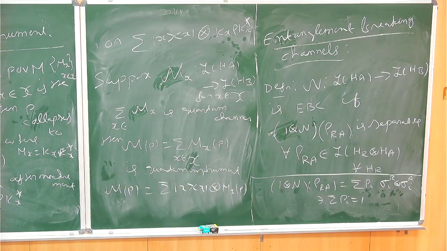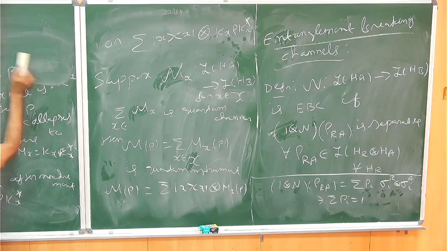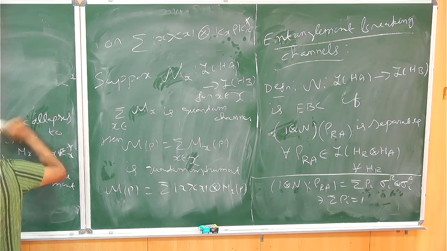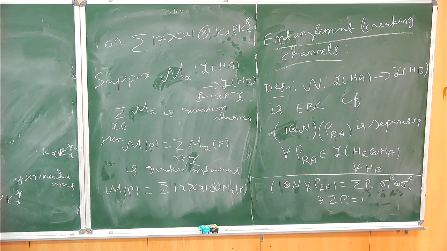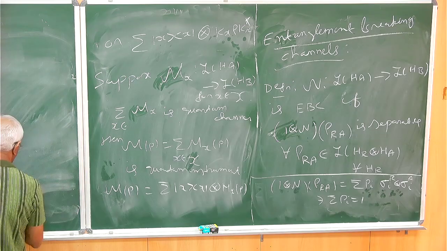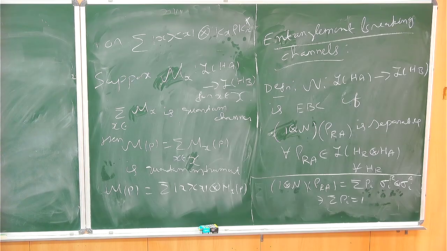Now we characterize the entanglement breaking channel by its Choi matrix. Of course, we cannot go on checking with each state. This is the proposition.